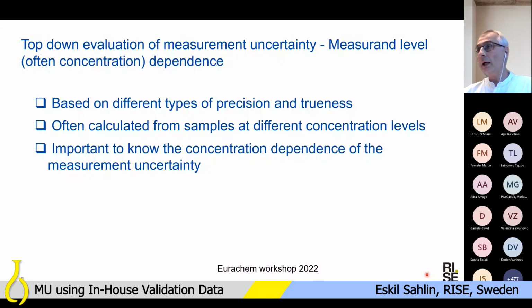And in order to combine them in a correct way, it's important to know the concentration dependence. And often it's a question about, should I combine them as absolute uncertainties or relative uncertainties? And I think, at least in my opinion, this is one of the most crucial parts in top-down approaches for evaluating measurement uncertainties. And so I think this is something that really needs to be focused on.